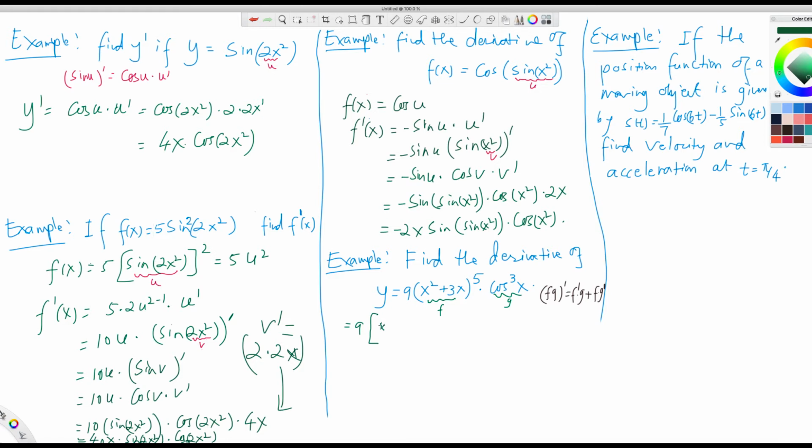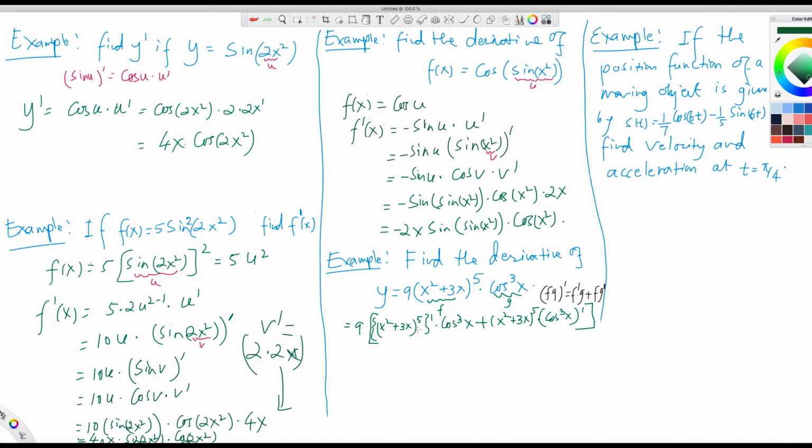It is x squared plus 3x to the 5, and prime of that, let me use the curly braces for that, times g, which is cosine cube x, plus f, which is x squared plus 3x to the 5, times g prime, which is cosine cube x prime, and there is a bracket. Why did I use a bracket? Because there is 9, so I pull that 9 out and then write a bracket for everything.